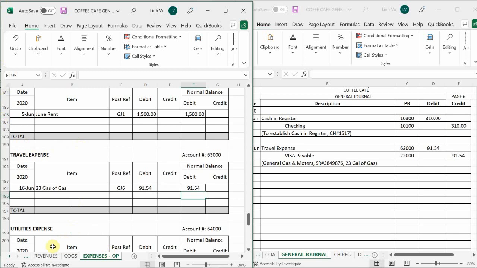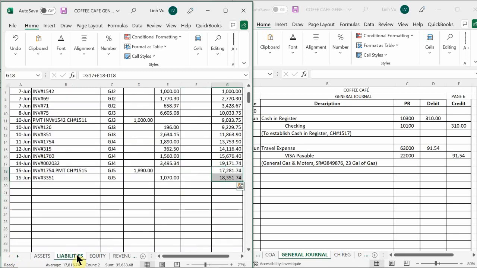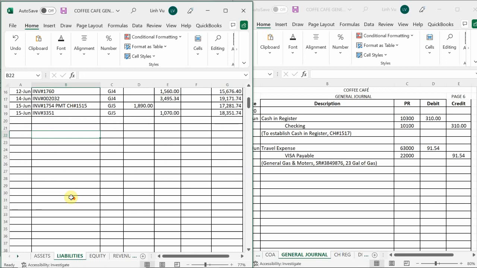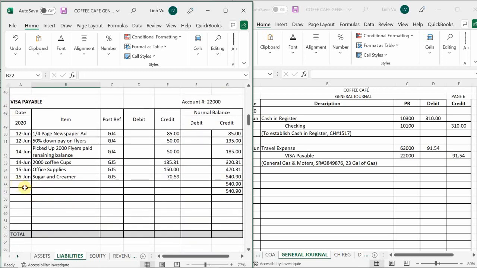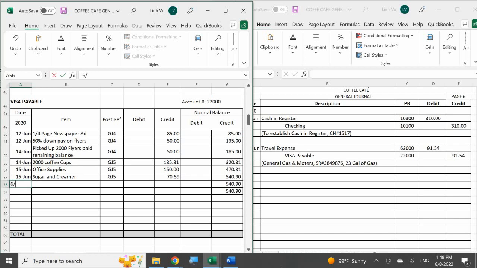And then you would go to liabilities and Visa payable, which is just down a little ways, and you put essentially the same thing except that it's a credit instead of a debit.